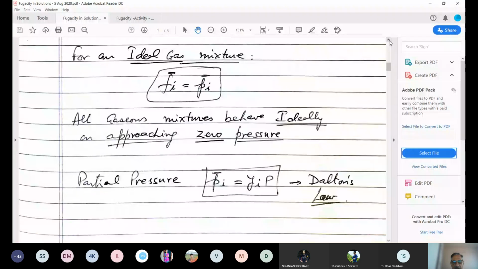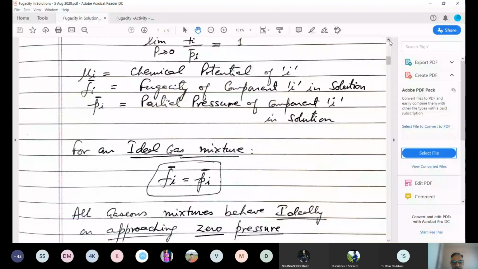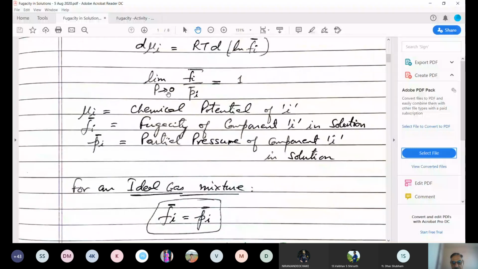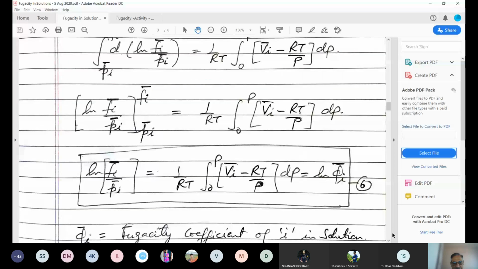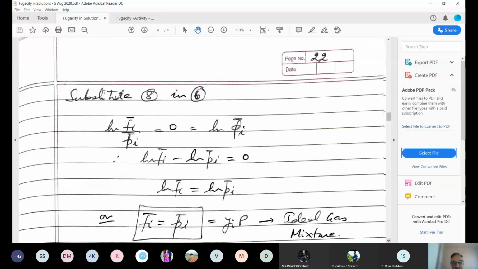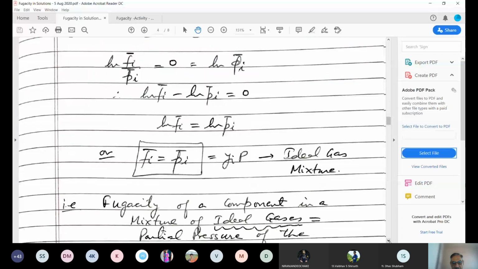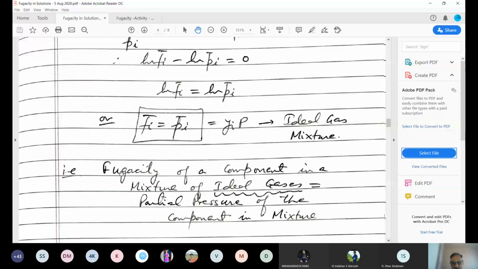By definition, the limit of Fi bar by Pi bar when pressure tends to 0 is equal to 1. That means for ideal gases, Fi bar equals Pi bar. Now we have shown the same thing by derivation from the equation for fugacity. The fugacity of a component in a mixture of ideal gases is nothing but the partial pressure of the component in the mixture. Okay? So let's move forward.